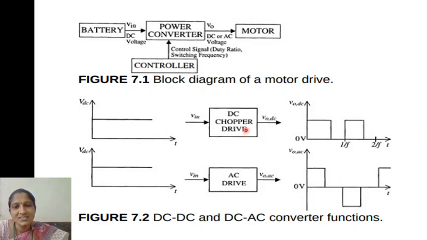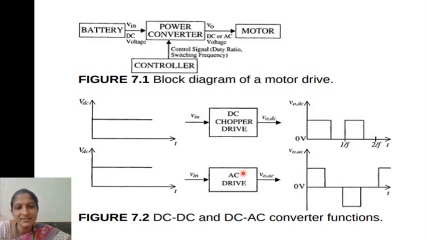This DC chopper drive converts the available constant DC voltage to pulsating DC voltage as required by the motor, whereas in case of an AC drive, this DC voltage is converted to AC voltage.